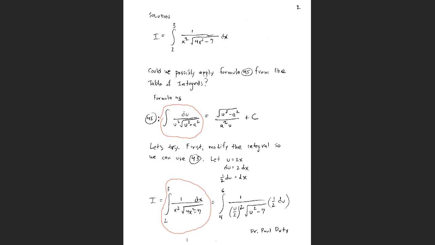Well, it's not quite a perfect match, because here I have u squared. I don't have x squared here, I have 4x squared. But if I let u equal 2x, then the 4x squared becomes u squared. You see?